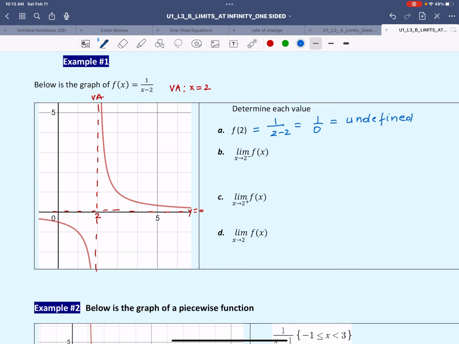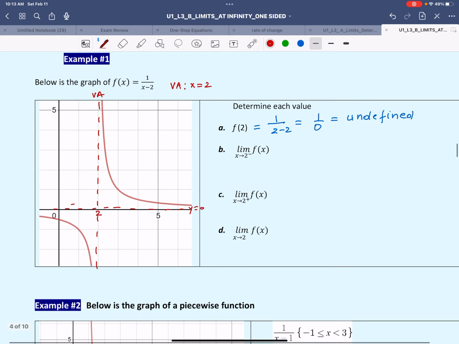So next thing that we want to do is find the limit of the function at 2, or estimate the value of y at 2, or describe the trend of the y values at 2. So in order to do this, we approach the value of 2 from the left and from the right-hand side, and that is because at 2, we cannot evaluate the function. So we say that the limit as x approaches 2 from the left-hand side. So here is 2. The left-hand side of 2 will be on this side. So that's 2 minus.